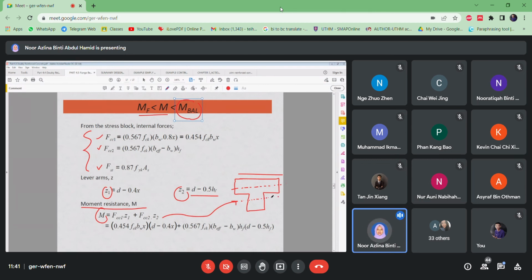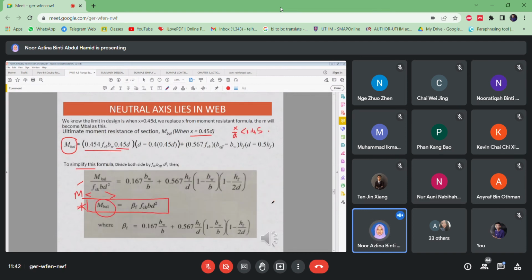So once M is more than MF, right, that means the neutral axis lies in the web. At the same time, you need to do the checking with the M balance in order to know if the compression reinforcement should be provided or not.